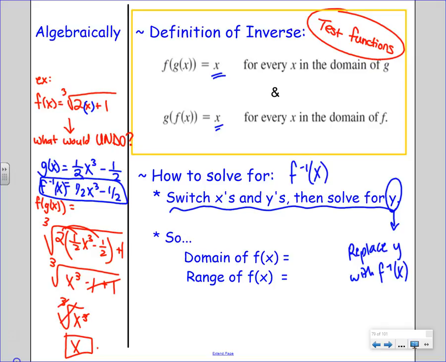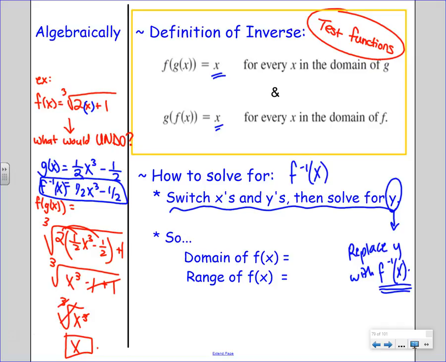Let me write that again because the negative 1 kind of looks like a 7. You need to make sure you have your notation down. So even though, yes, you do switch x and y, not thinking about the notation, just make a y, switch the x and y, solve for y. Remember, at the end of the day, you cannot say y equals. That was the original function. You need to rename that y and call it the inverse.